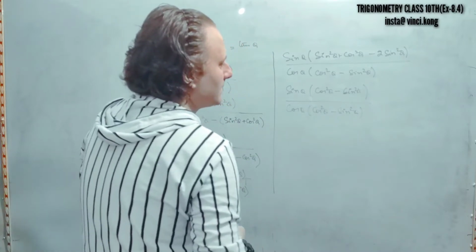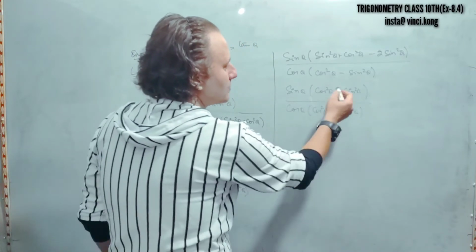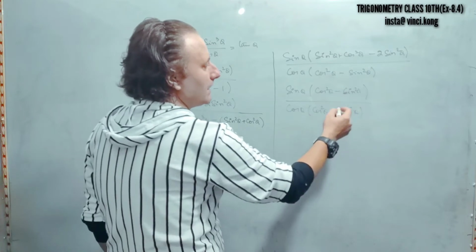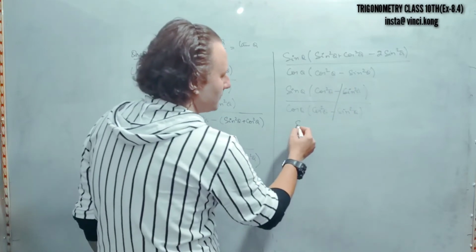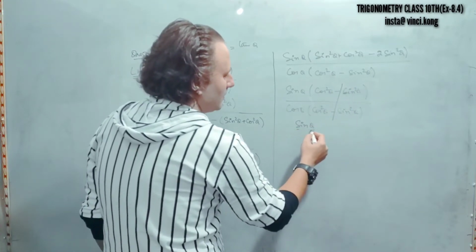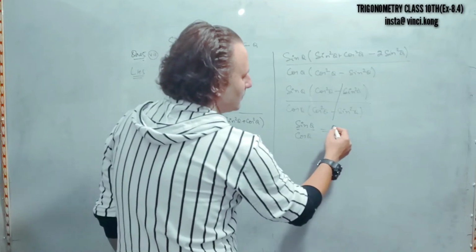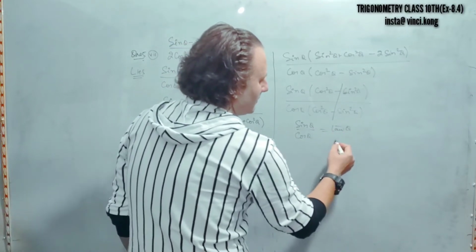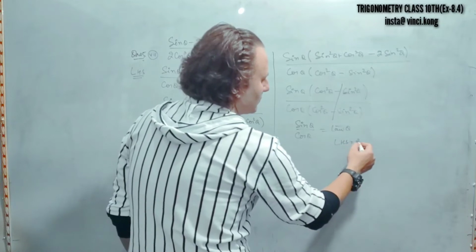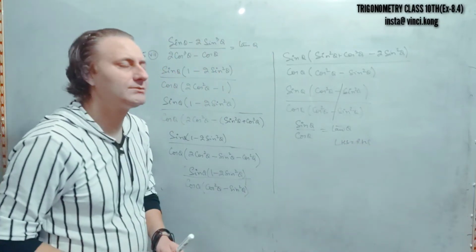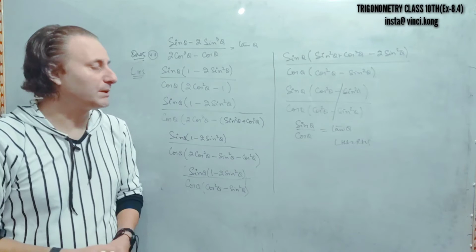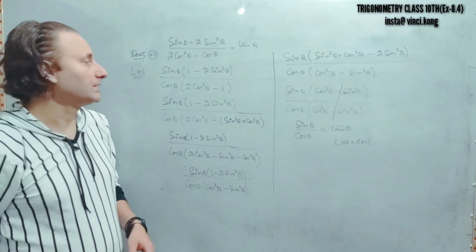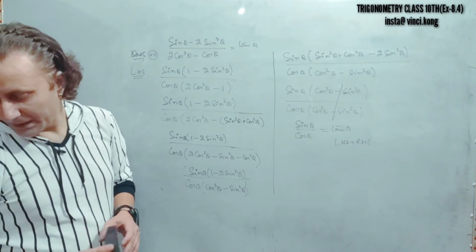If I can see here, obviously that cos square theta minus sin square theta here and here are the same, so let's take them off. So I have sin theta upon cos theta, which is equal to tan theta. LHS is equal to RHS. Clear, guys? Very simple question. Please make a note of this as well, and I will move to part number 8.